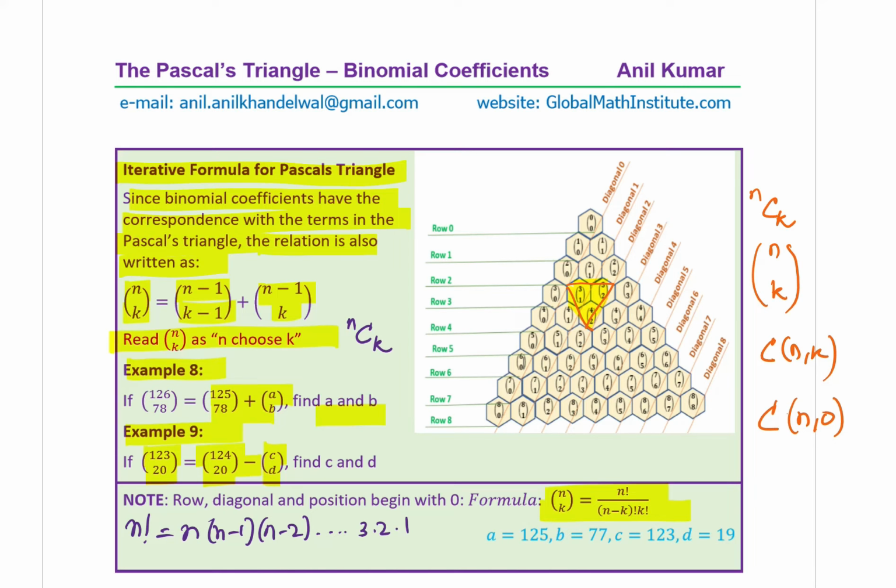That is n factorial, the multiplication of n consecutive natural numbers starting from 1. So the formula for nCk is given to you. You can always use a calculator to calculate these values. For smaller numbers, Pascal's triangle is a good option.